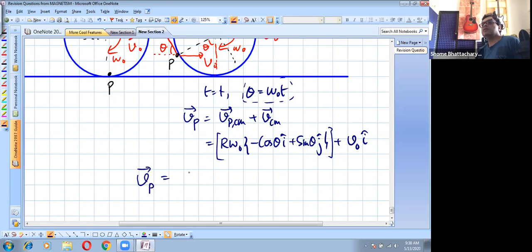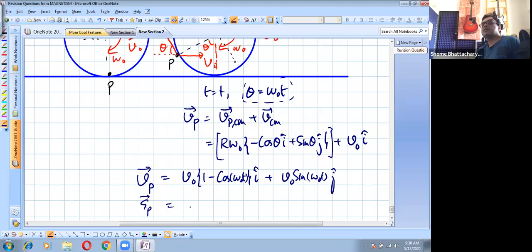So substituting all this, you see the velocity of this particle is of this type. It is equal to v naught (1 minus cos omega naught t) i cap plus v naught sin omega naught t j cap. And therefore the displacement of that particle is of that type.